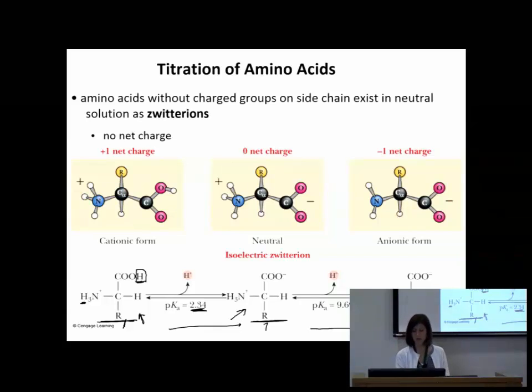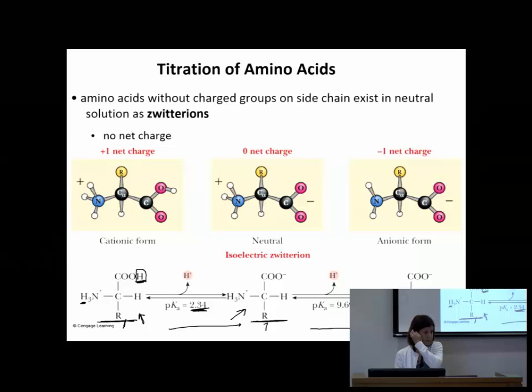So again, let's remember, the pKa: equal amounts proton on, proton off. Below the pKa, more proton on, it's more acidic. Above the pKa, more proton off. The first pKa we get to is for the acid. So you're saying COOH is only 2.34?